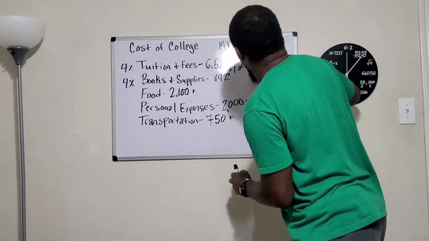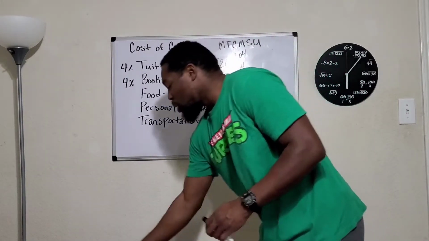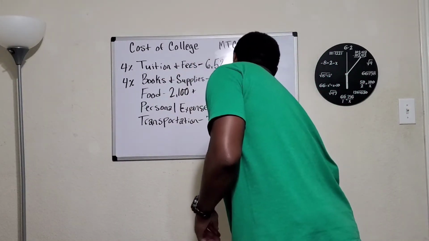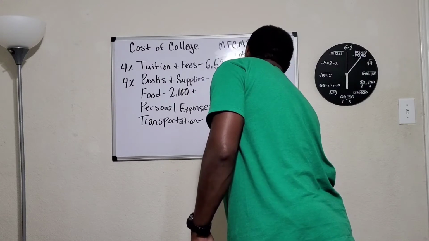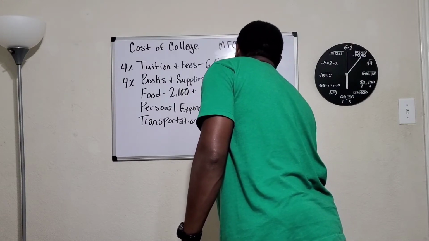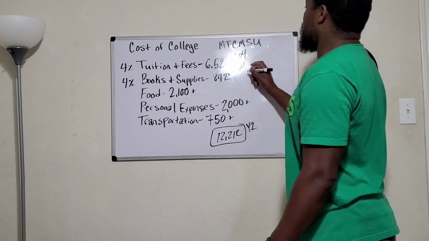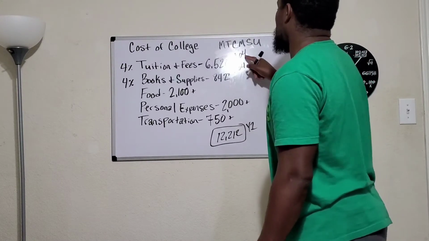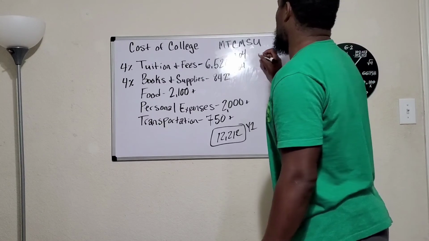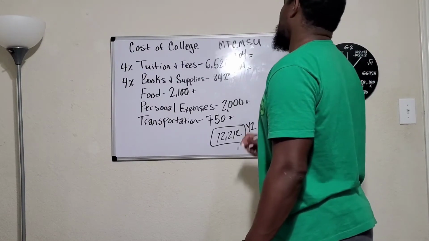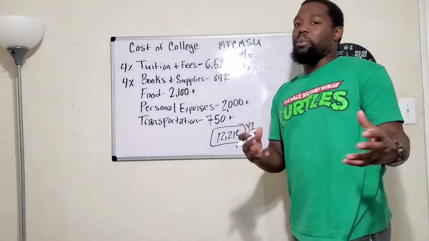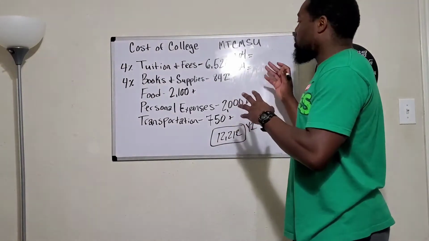So I'm going to erase all of this. And I need to put that $12,000 down here so you remember this number right there for year one. But we're going to take these two numbers here. When we multiply this, we're going to have a new number, and we're going to have a new number here. So what I want you to do is go ahead and pause the video and find out what those numbers are.